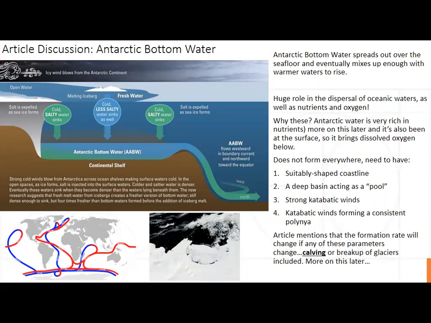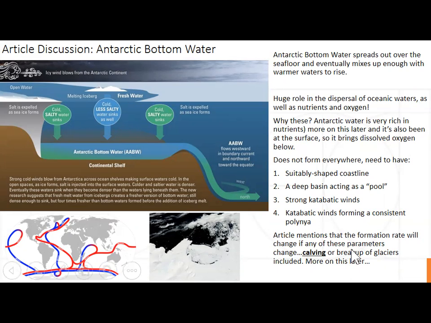And I say conditions because it's hard to predict exactly what's going to happen if the rate of Antarctic bottom water formation changes, but it's a less frequently talked about potential consequence of climate change. Because if the shape of the coastline changes in Antarctica, and if the climate in Antarctica changes, if sea ice isn't forming as effectively, or if the katabatic winds start to weaken, well, that means that the circulation patterns are going to change.